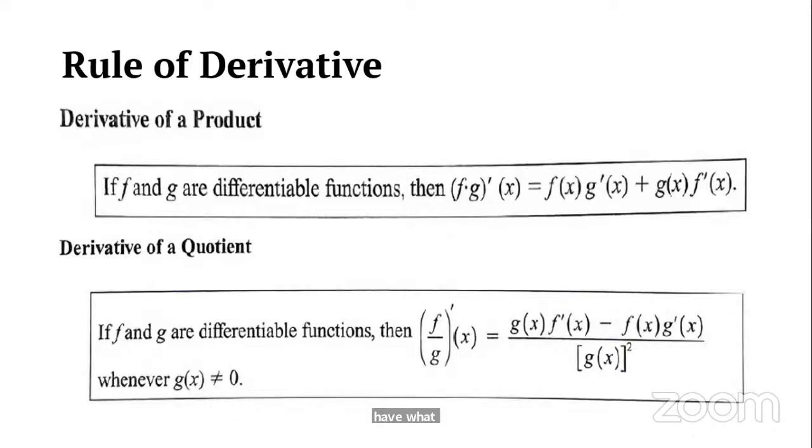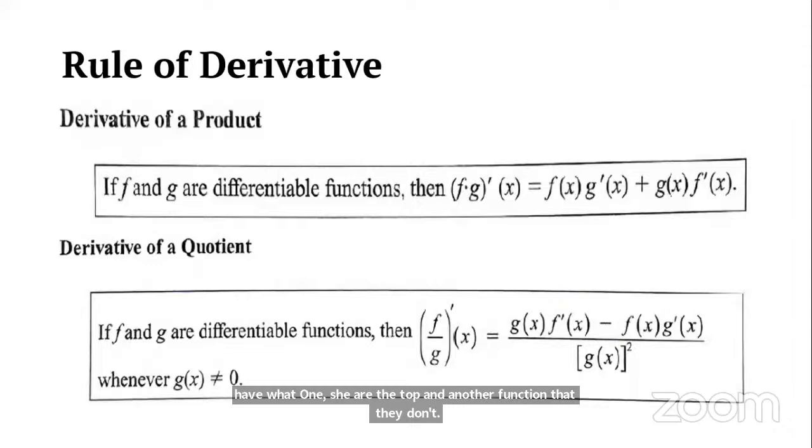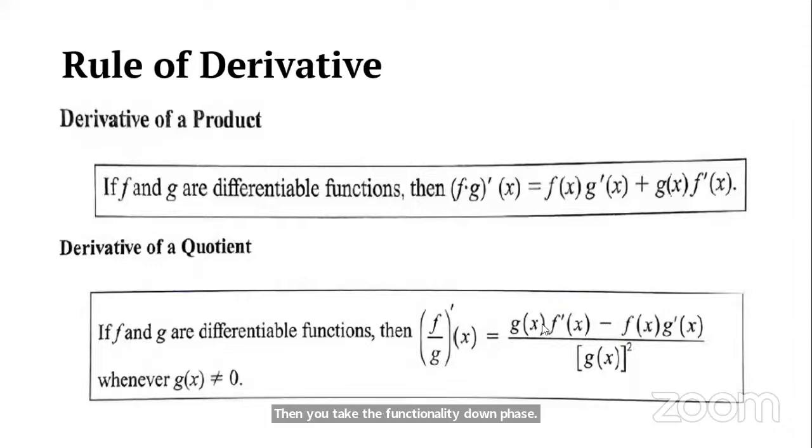Then you take the function at the down first, you keep it intact, you don't do anything to it. Then you multiply it by the derivative of the function at the top, which is F prime of S. And you subtract: now you keep the top one constant, which is F of S, and you differentiate the down one, and you divide all by D of S times D of S, which is D of S squared.